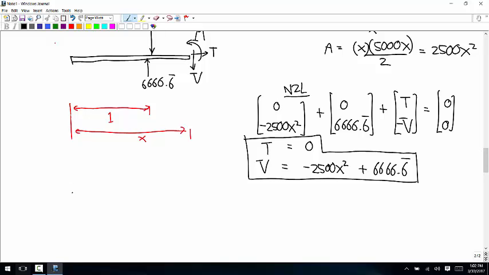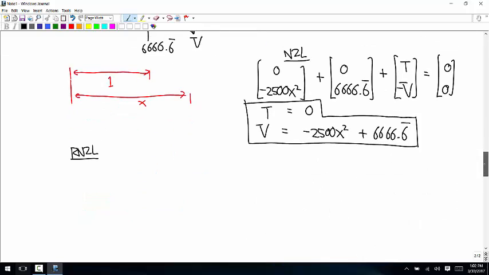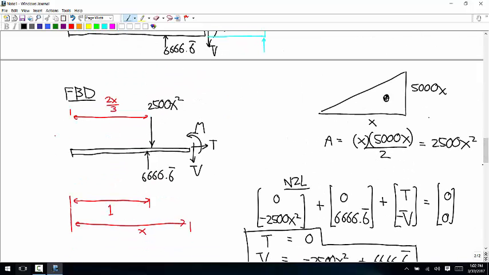And then the moment equation, the moment arm for that 2,500x squared force is 2x over 3. Is that positive or negative? The 2,500x squared, the moment?